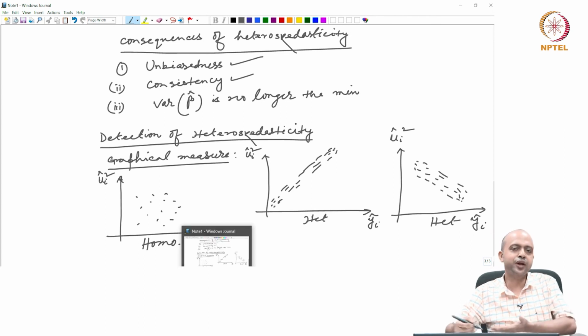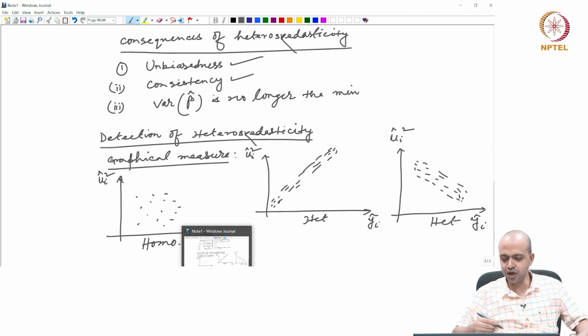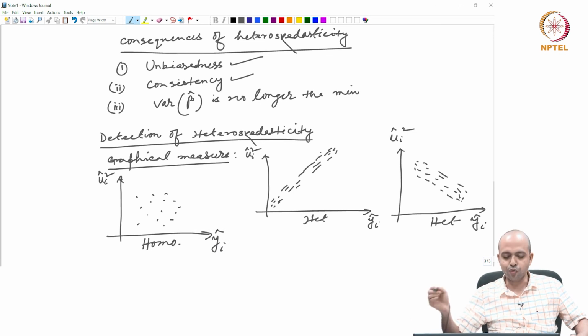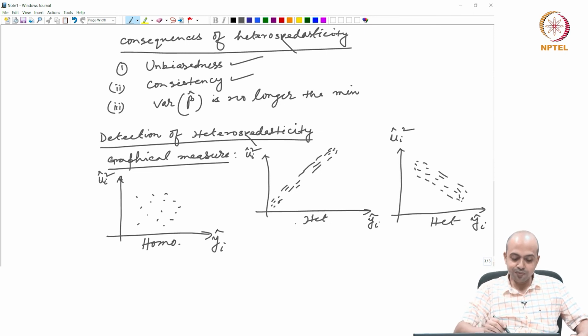Then you see whether you can observe some kind of pattern, okay, either upward sloping or downward sloping. If there is some kind of pattern, that is basically evidence of heteroscedasticity. If no such pattern emerges, then we will say that the error variance is homoscedastic, right, homoscedastic.